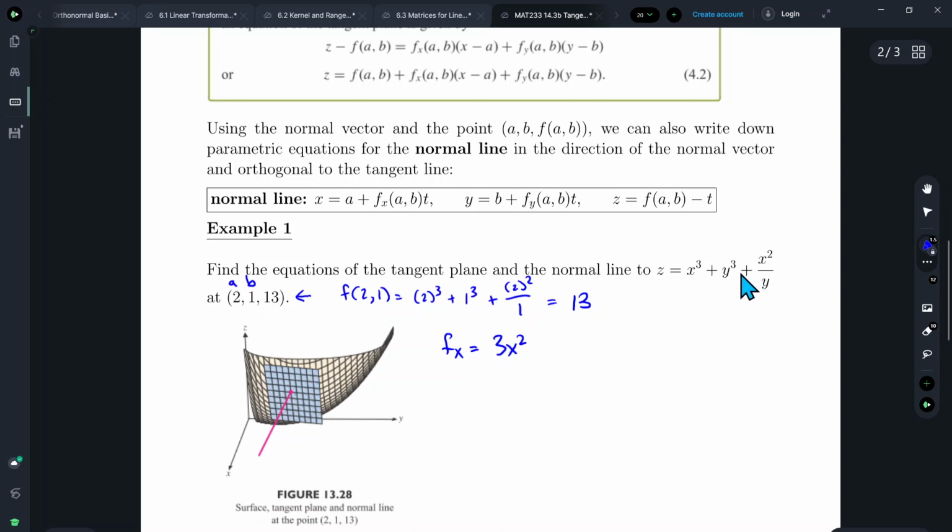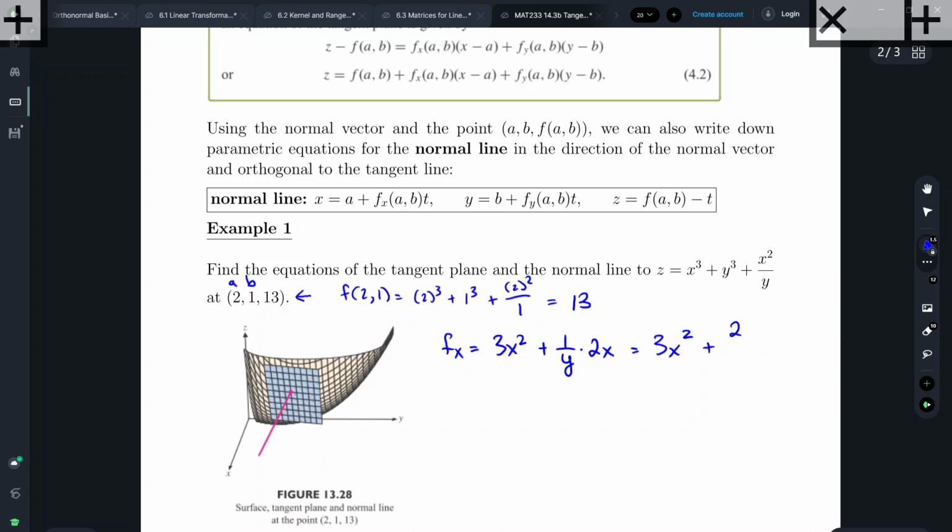So this term goes away. And then the last term, 1 over y, is the coefficient. So the partial derivative doesn't do anything to the 1 over y, and then the derivative of x squared is just 2x. Okay, so this is the partial derivative with respect to x.